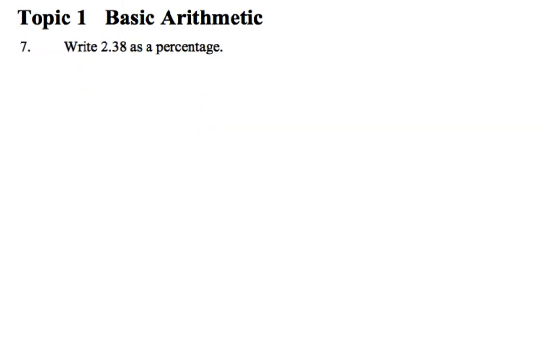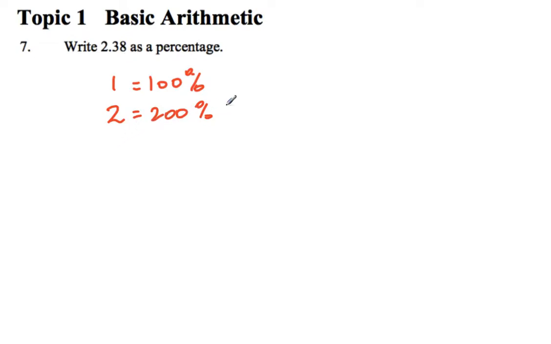Okay, to write 2.38 as a percentage, let's remember that one whole number is actually 100%. And 2 as a whole number would be 200%. So something that's bigger than 2 will be 200 and something percent.